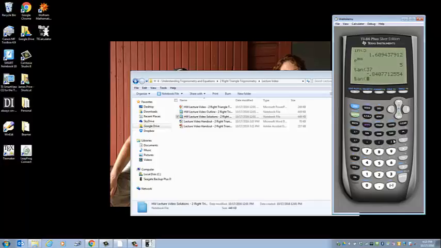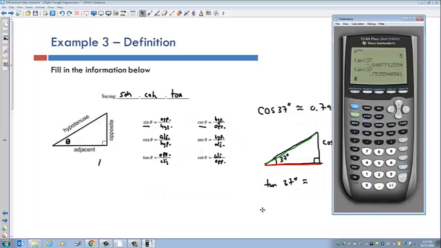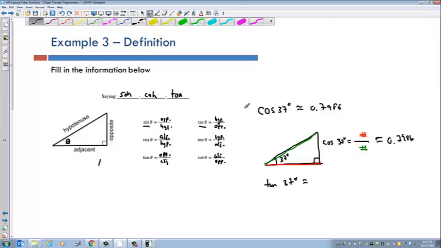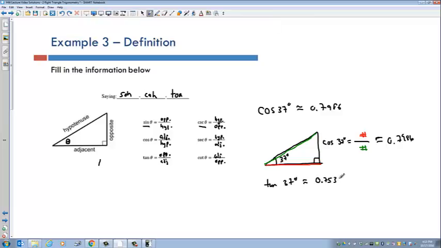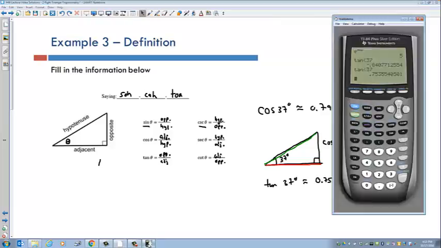Take the tan of 37 now. You'll see you'll get a different answer because now we're not in radians, we're actually in degrees. And I get out this answer of 0.7536. So again, what does that number mean?